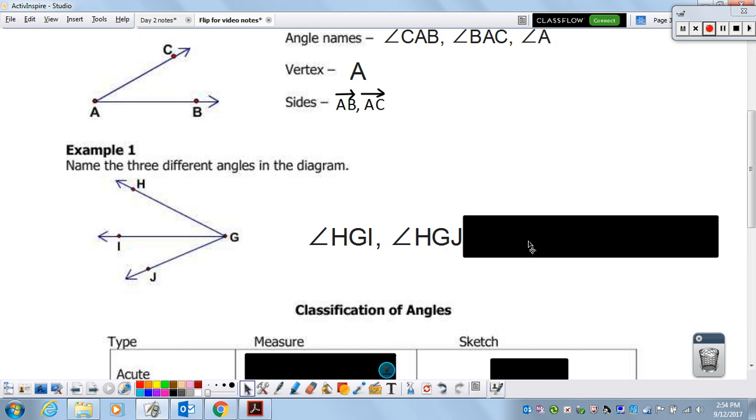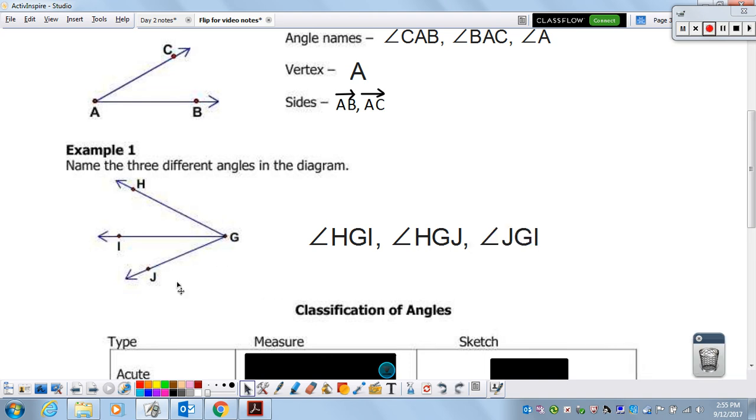Another angle we have here is angle HGJ, the big angle. And the third one is angle JGI, the smaller angle on the bottom half. So when you see multiple angles, we couldn't just say angle G, because I wouldn't know which angle you're talking about, because all of them have a vertex of G.